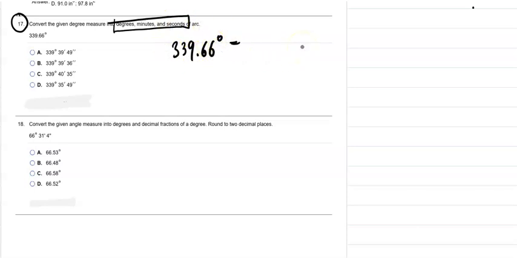Let me do it this way. This equals 339 degrees plus 0.66 degrees. I separate the whole degrees, 339, from the fraction of the degree.